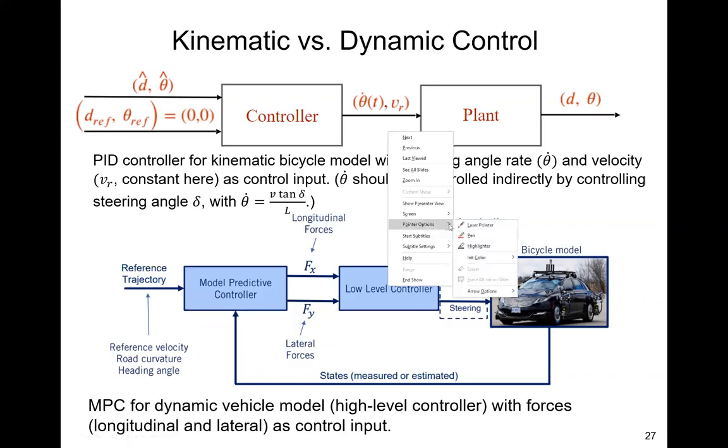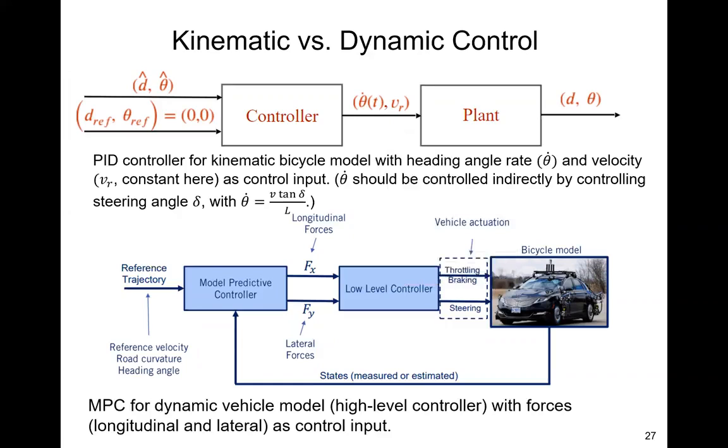In fact, this is an even simplified kinematic model because you're controlling the heading angle directly. But in reality, you need to control the steering angle. And then there's this relationship to derive the heading rate from the steering angle, which we'll discuss later.